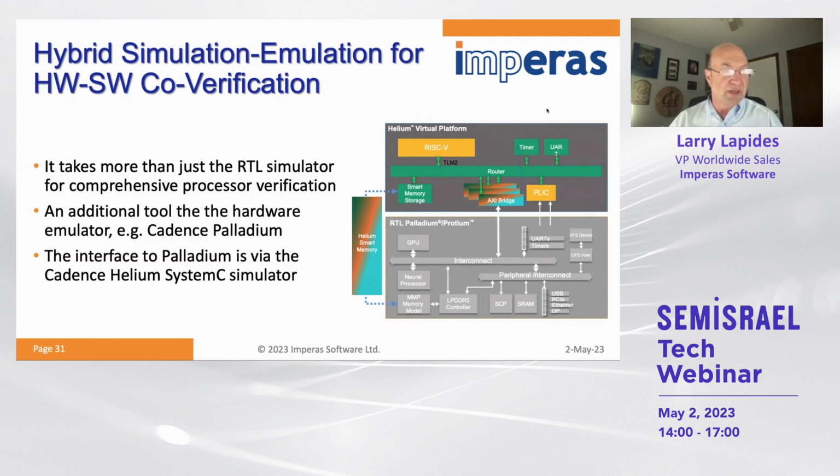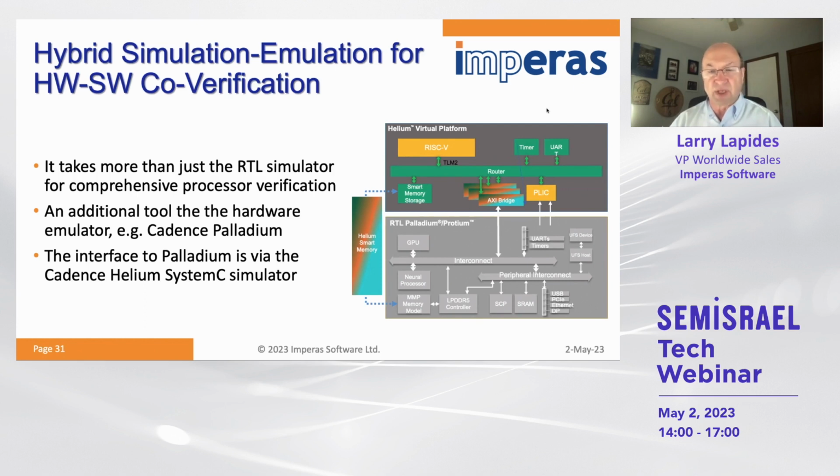One last thing here, not part of the RTL simulator DV flow, but as you get to more complexity in the processors, you also want to use advanced techniques such as hardware-software co-verification, using hybrid simulation and emulation.